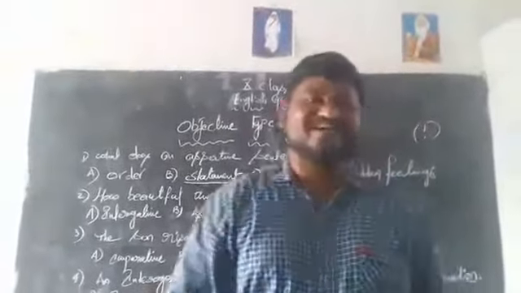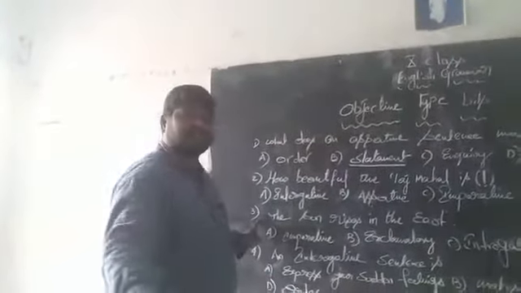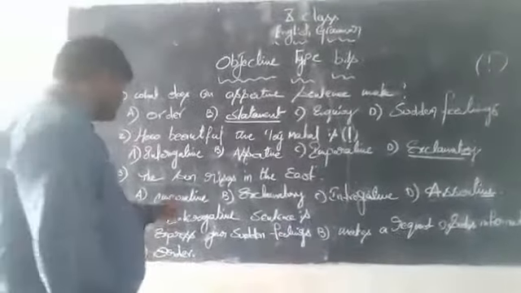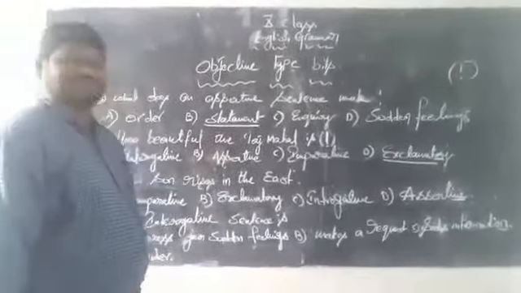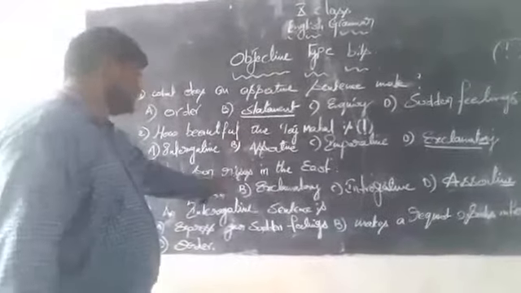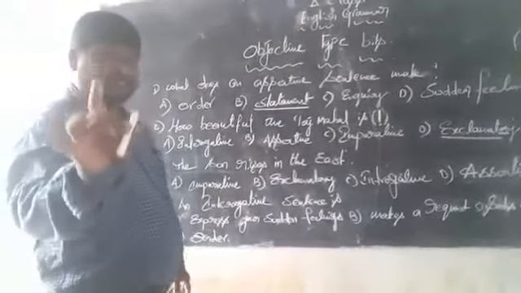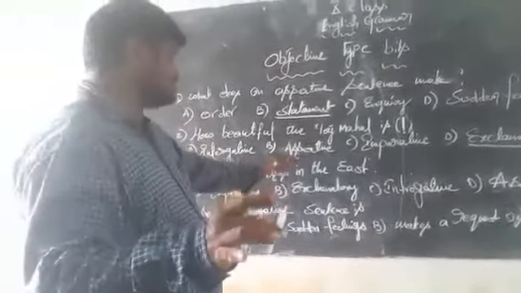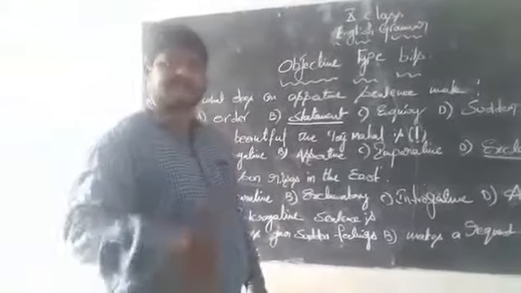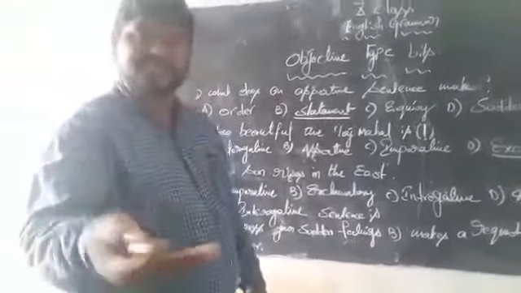Okay, very good. Now, what is the third one here? The sun rises in the east. Just observe, my dear children. If you observe carefully, you can identify the answer immediately.